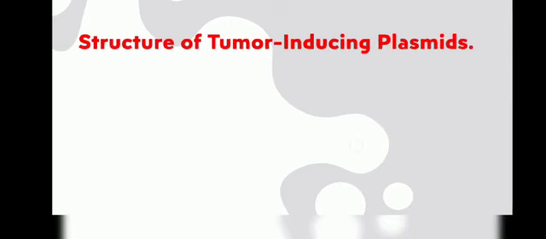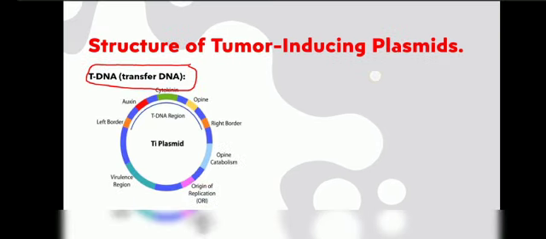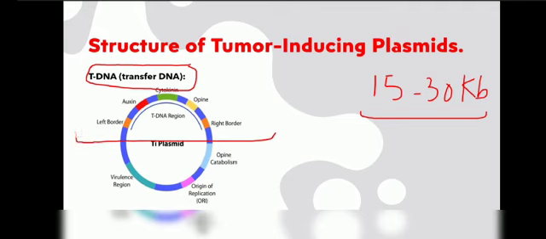Talking about the structure of tumor-inducing plasmids, it includes the tDNA, that is the transfer DNA, having a size of about 15 to 30 kb. So this portion is called the tDNA.